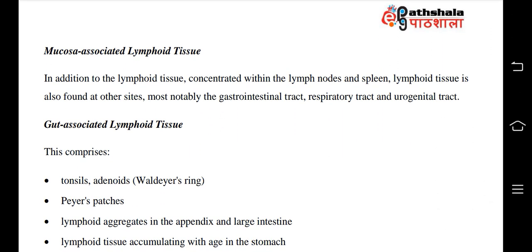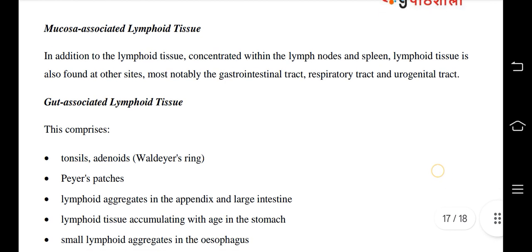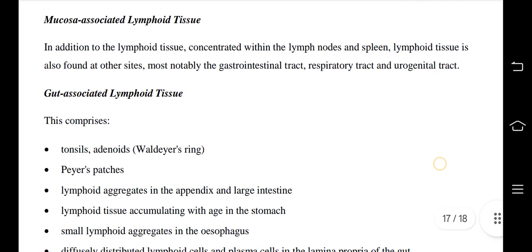Mucosa associated lymphoid tissue. In addition to the lymphoid tissue concentrated within the lymph node and spleen, lymphoid tissue is also found at other sites, most notably the gastrointestinal tract, respiratory tract, and urogenital tract.